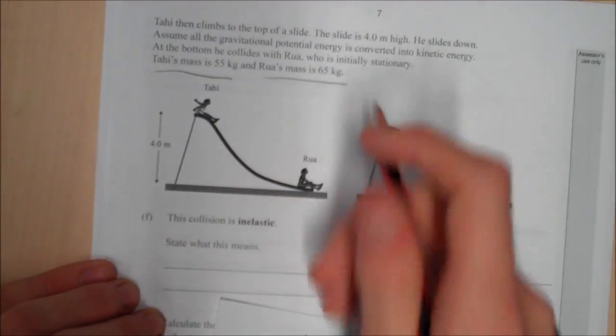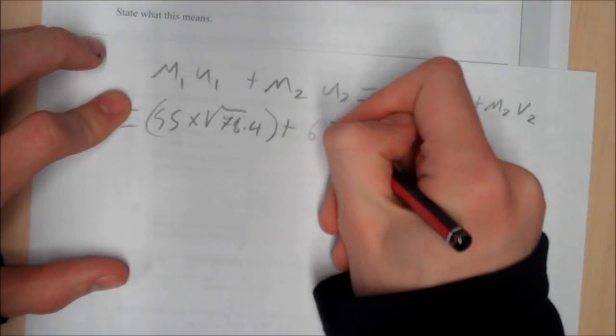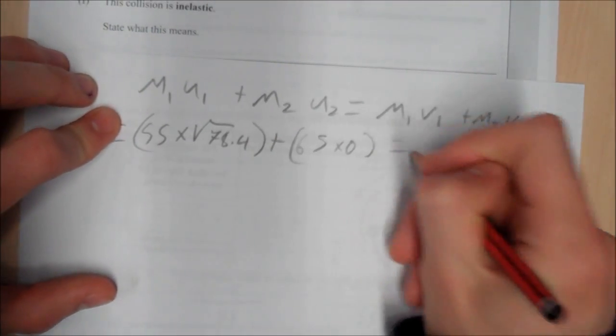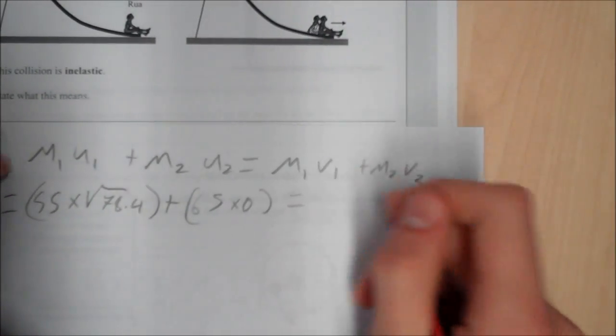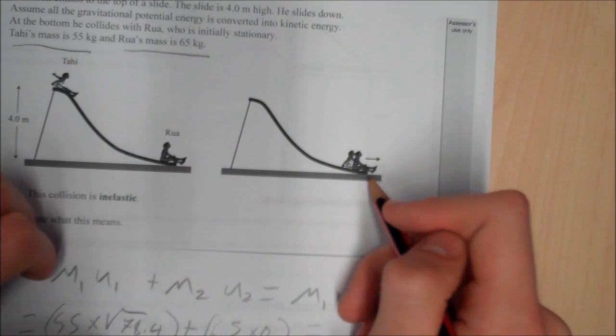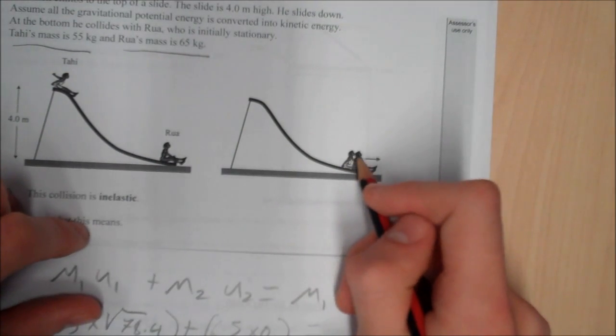Yes, it's 65 kilograms, so 65 kilograms times 0. And this is equal to their end velocity, their final combined velocity, it is going to be combined.